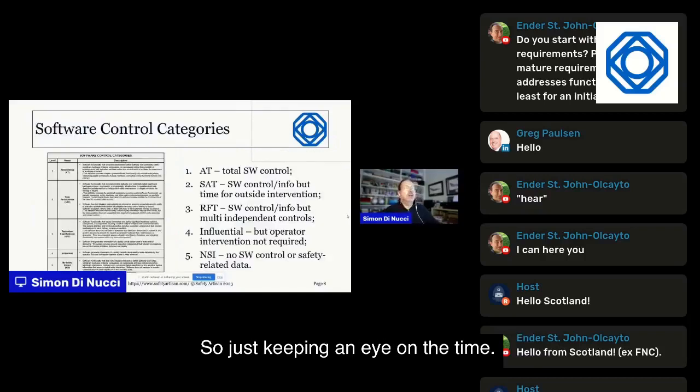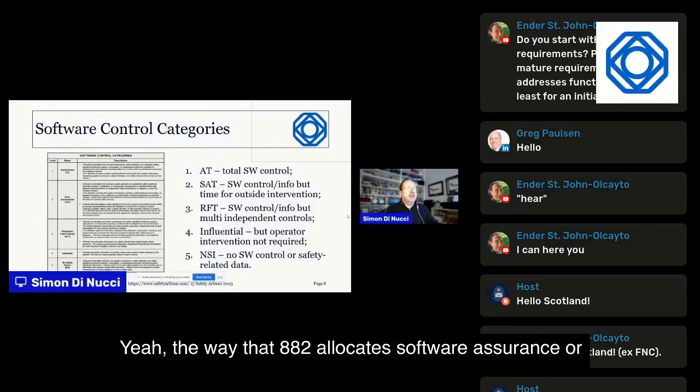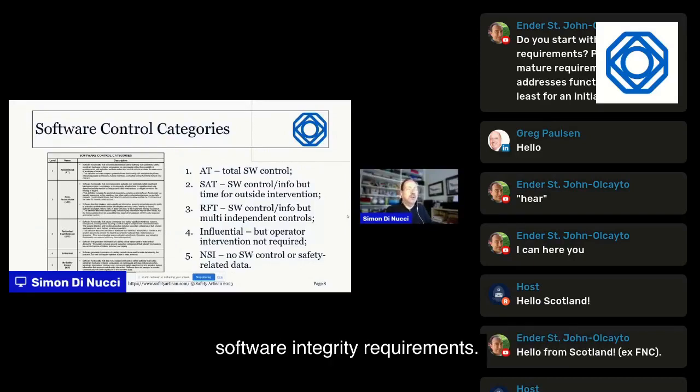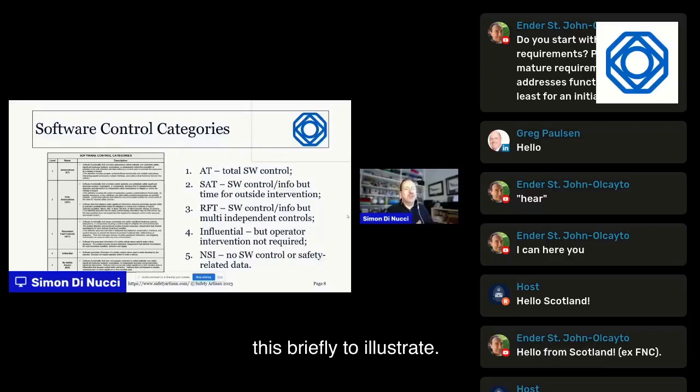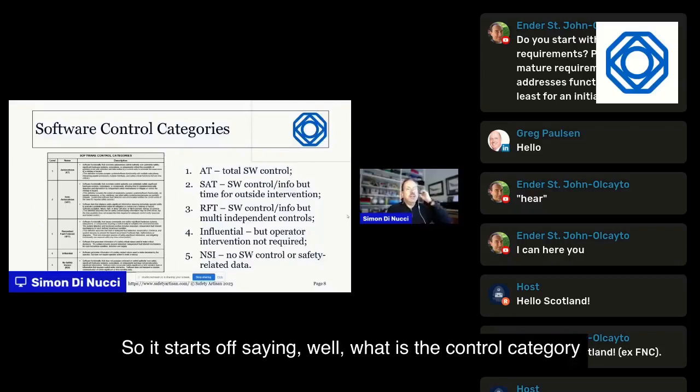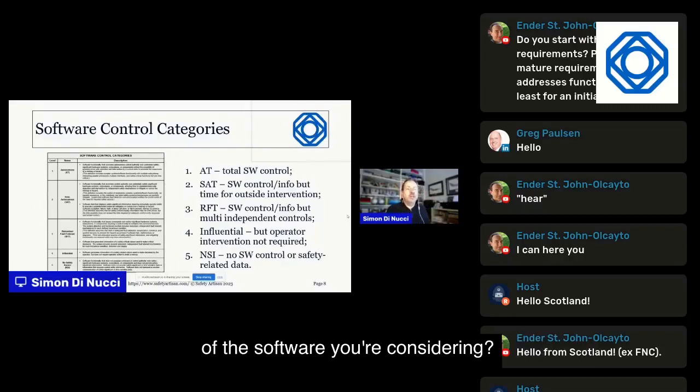So, just keeping an eye on the time. Now, the way that 882 allocates software assurance or software integrity requirements, it does it in a particular way. We'll run through this briefly to illustrate. It starts off by asking, what is the control category of the software you're considering? At the top we've got autonomous control.